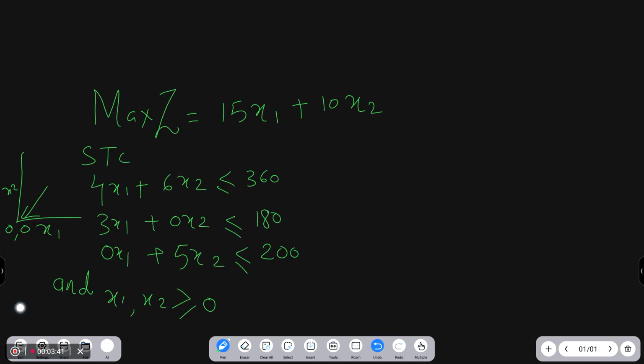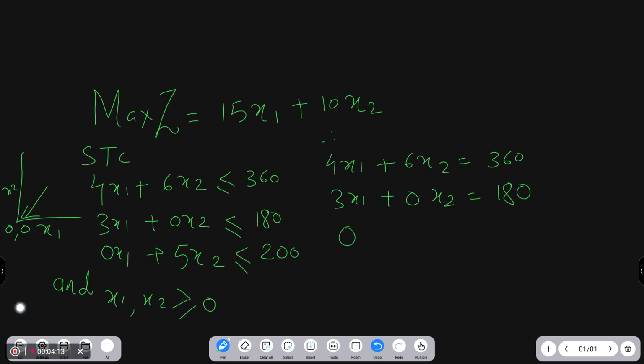Convert the inequality into equality. Therefore, the revised constraints are: 4x1 plus 6x2 is equal to 360, right? Second one is 3x1 plus 0x2 is equal to 180.